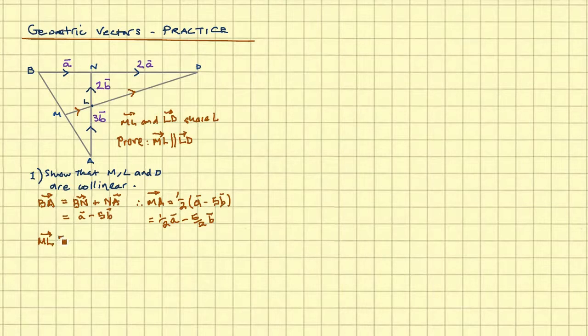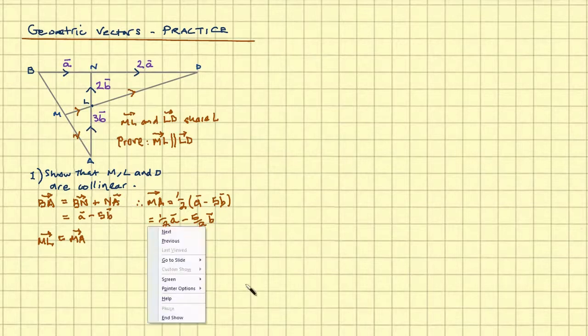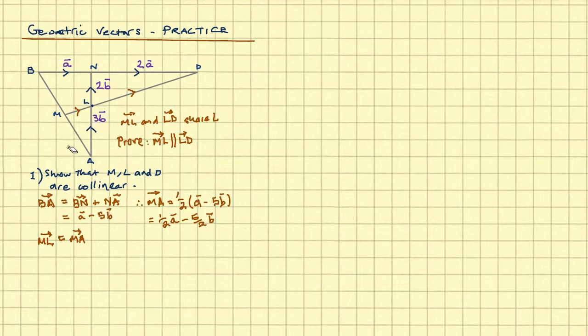So M to L is M to A, so let's draw that on our diagram, M to A. Whoops, that's a bit untidy, let's tidy that up. Okay, so that's M to A plus A to L.